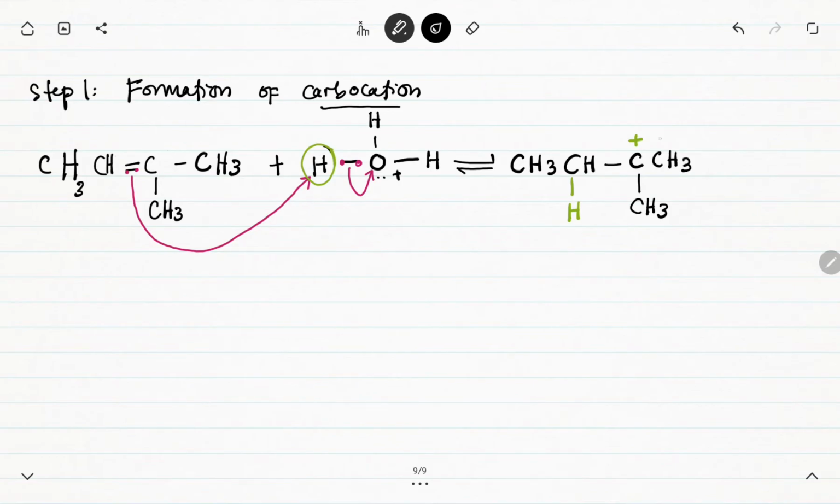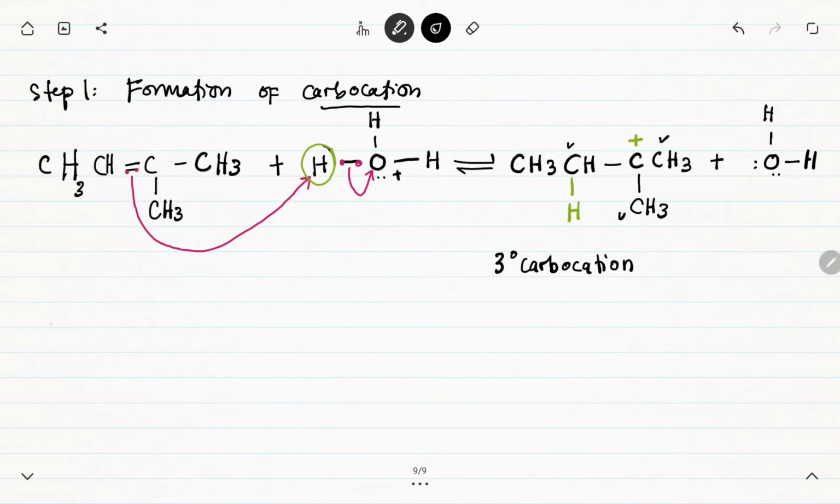It has 1, 2, 3 alkyl groups, so this is a tertiary carbocation. At the same time, the remaining species from H3O+ produces a water molecule. This is the addition process, where we add the electrophile species first, the H plus ion, to form the carbocation.